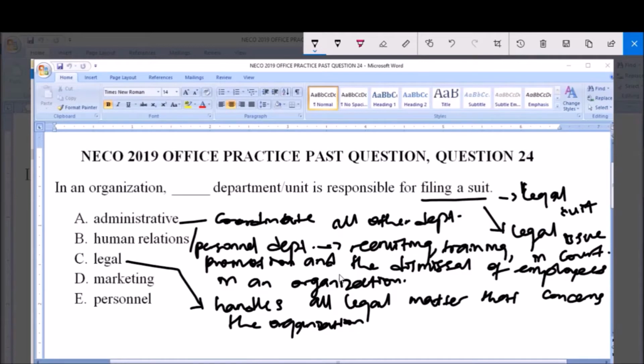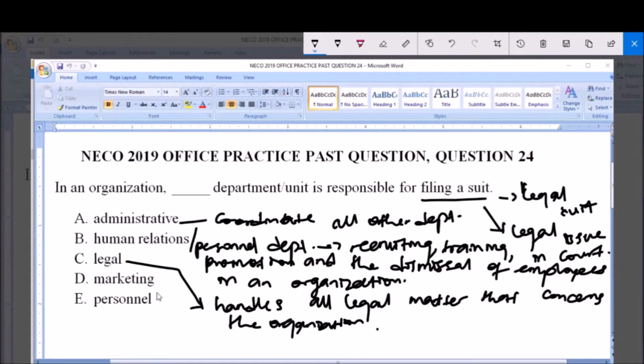So in other words, they are responsible for filing suits, for taking legal action concerning the organization. They represent the organization at law courts on all court cases, provide legal services and advice to the organization, prepare legal correspondence or reports as required from time to time, and supervise the review, negotiation, and drafting of major contracts and tender documents. So that is the job of the legal department.